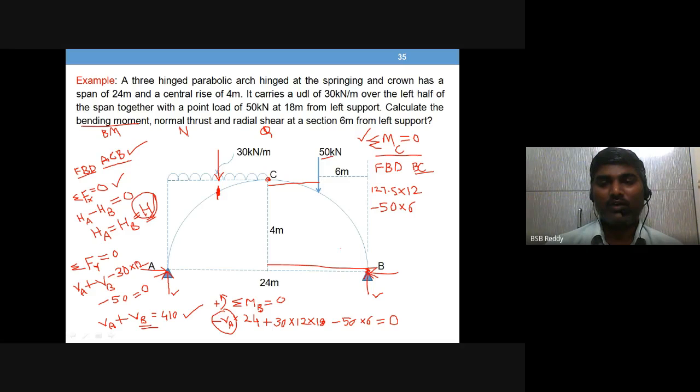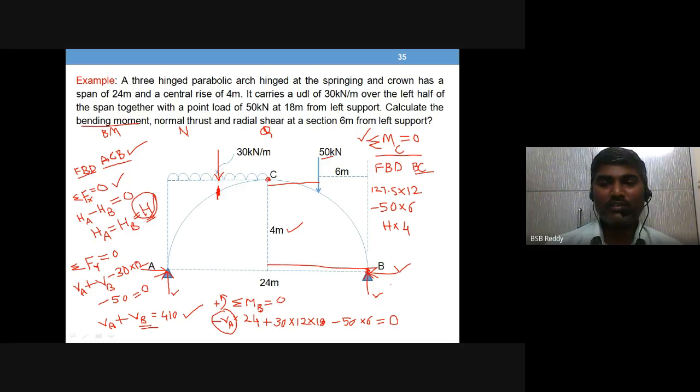Now, what is the other force left over to the right of C? The H value. You don't know the value, so you have a notation H. H into what is the distance between C and the load? H is the rise value, 4 meters.